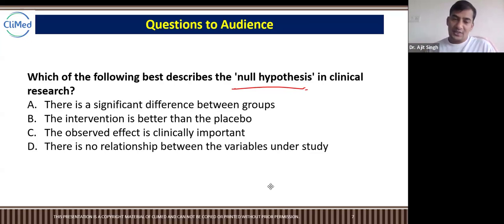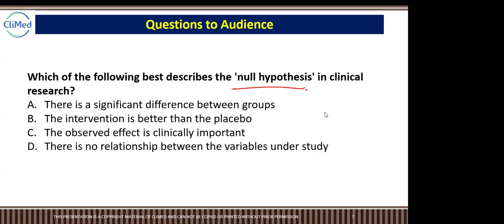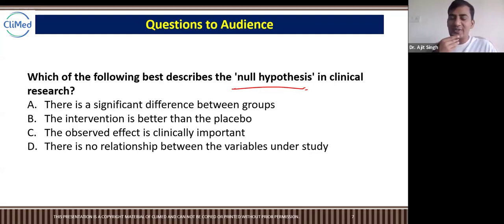Okay, theory. So, suppose I'll give you scenarios. You have to answer those scenarios. There is a group of people with hypertension, high blood pressure, and I want to check if their job stress contributes to the high blood pressure.